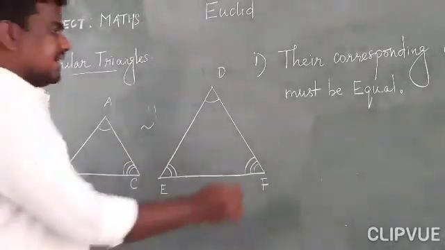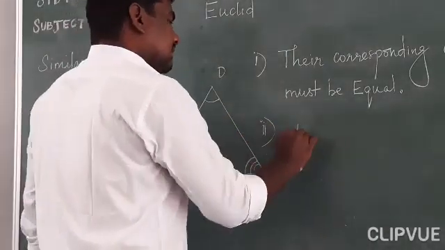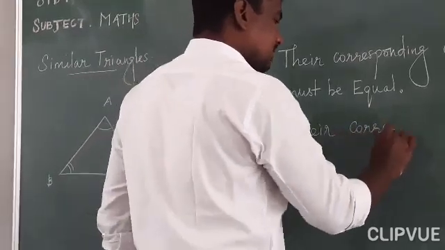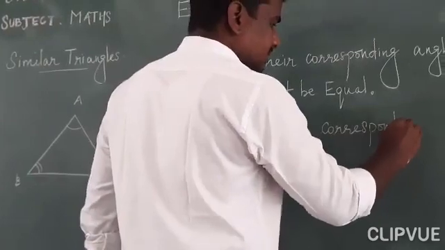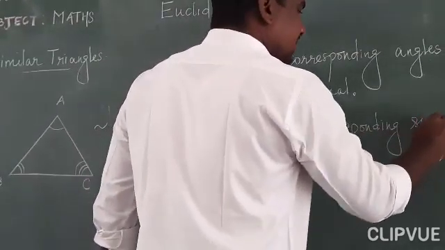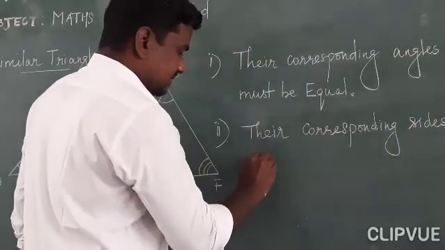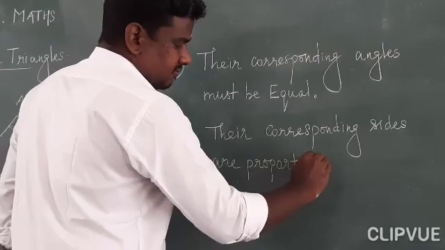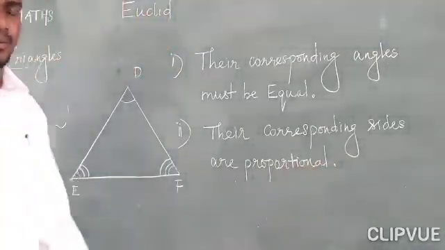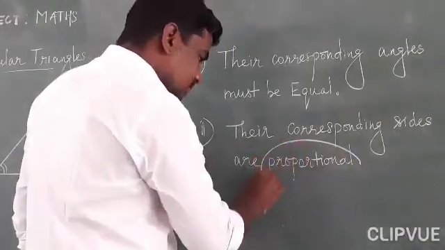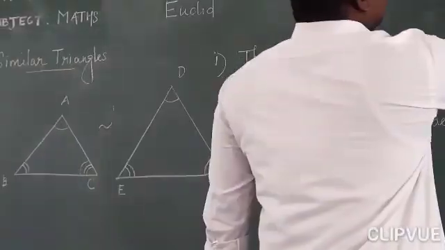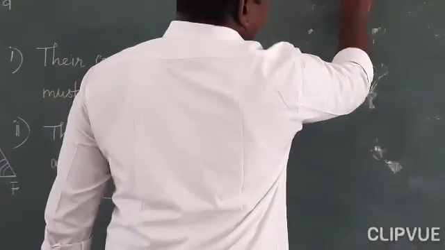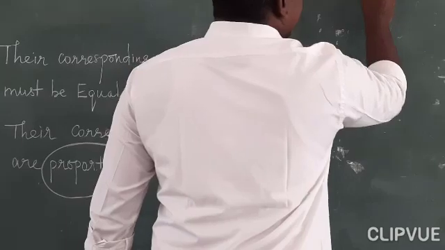This is the first one. The second one: the corresponding sides are proportional. The term proportional, what does it mean? Proportional means same ratio.